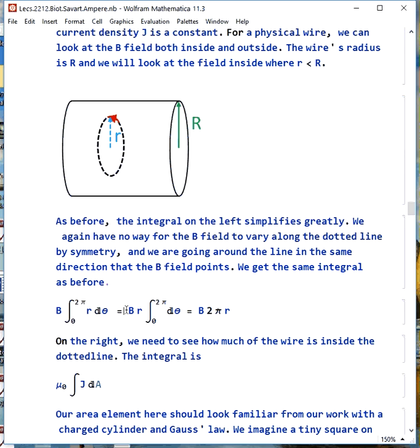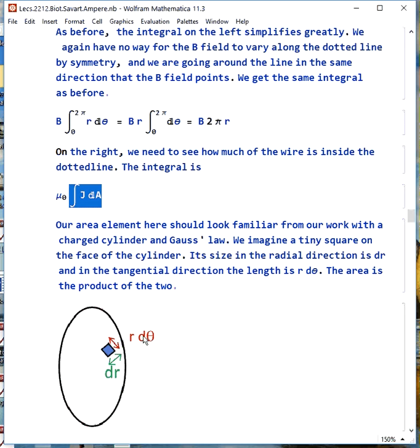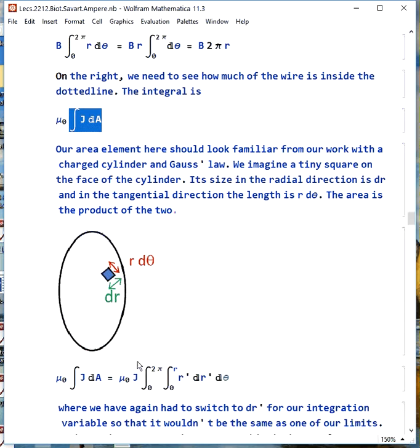We look at that and we say, okay, if one side is in the r direction, dr, that would be our length. The other way, that's the theta direction, but d theta isn't a length. We have to have the r in there to make it a length. So the area of this little tiny square is r d theta times dr. This is again a double integral, which at first is scary, but we remember this is going to be an easy one.